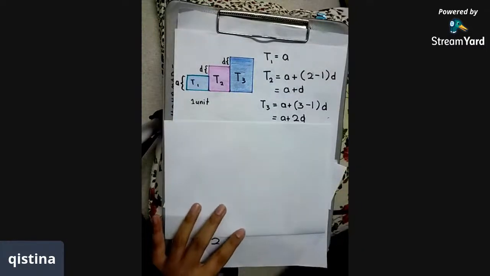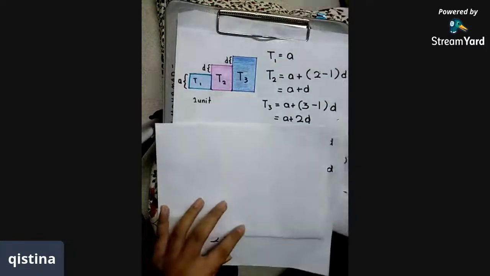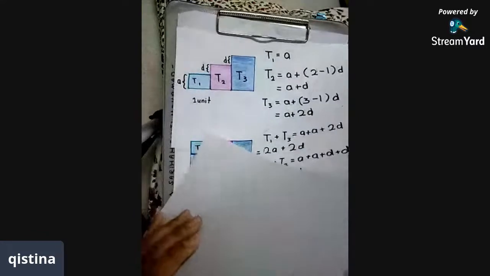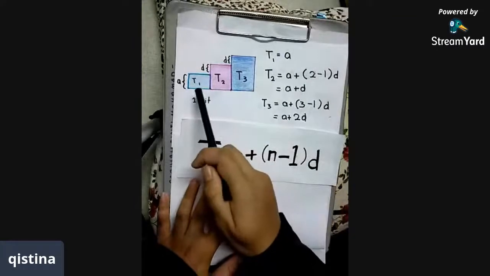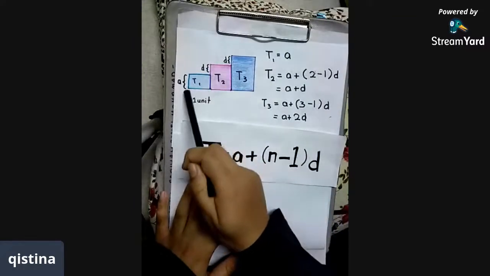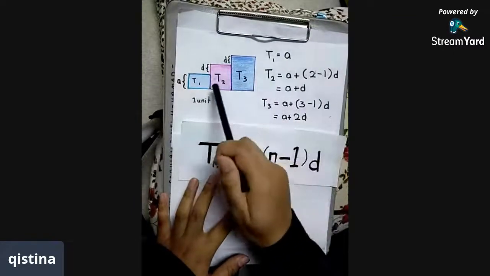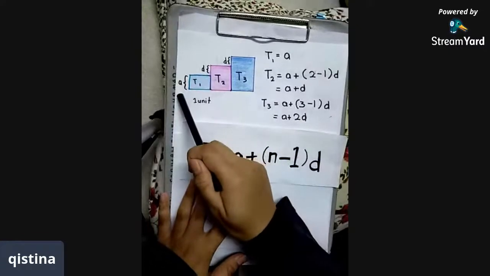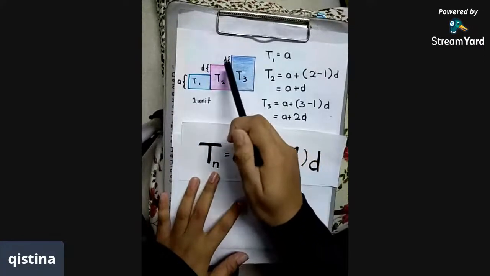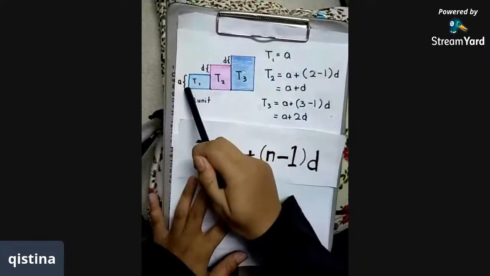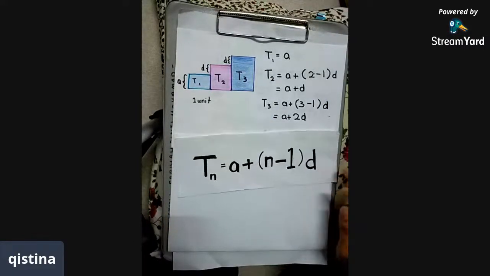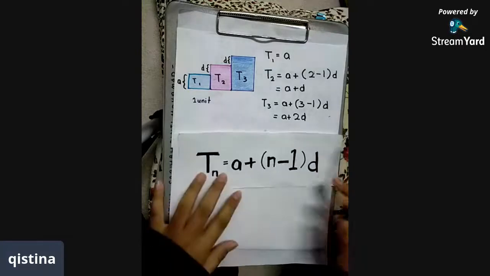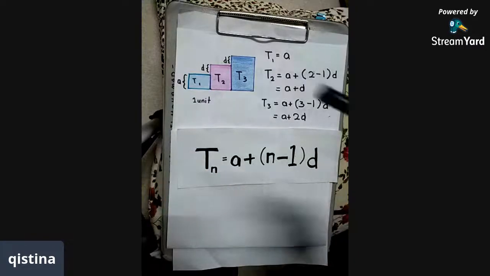So we are going to calculate the value of the terms using this formula. But roughly, as we can see here, T1 equals A. T2 is D higher than A. And T3 is 2D higher than A. That's roughly how we calculate the height of each of the grids.